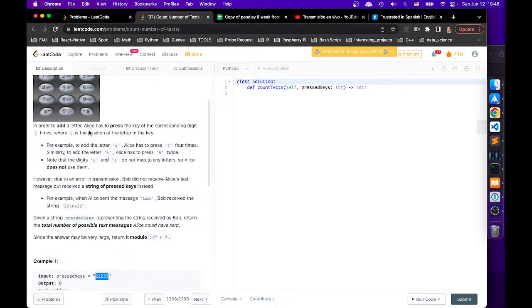Now 222, it could be 222, so that's 1, and then 2 and 22, 22 and 2, and 2, 2, 2, so 1, 2, 3, 4. 2 times 4 is 8. So it's just a combination problem, right?